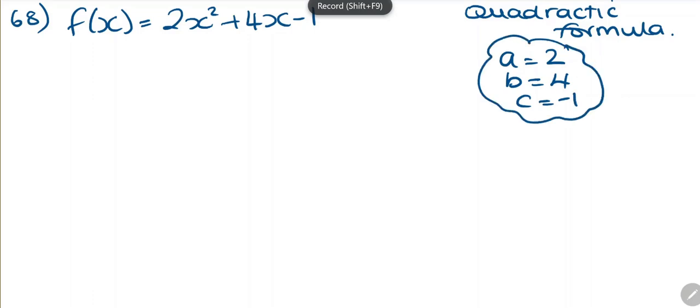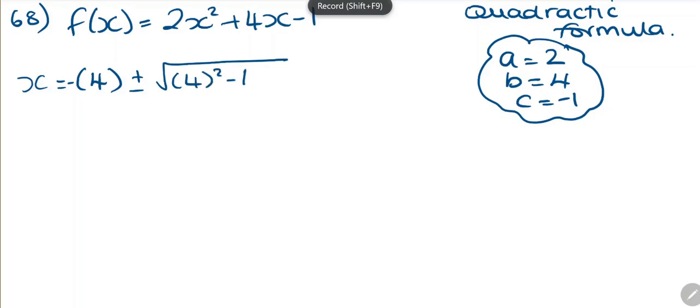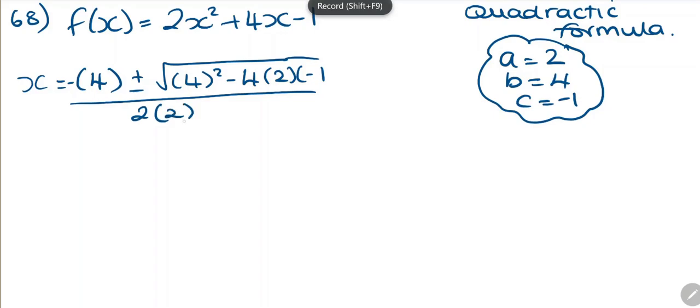And if we substitute this into our formula, we'll have x is equal to minus 4 plus or minus the square root of 4 squared minus 4 multiplied by 2 multiplied by minus 1, and this is all divided by 2 multiplied by 2.